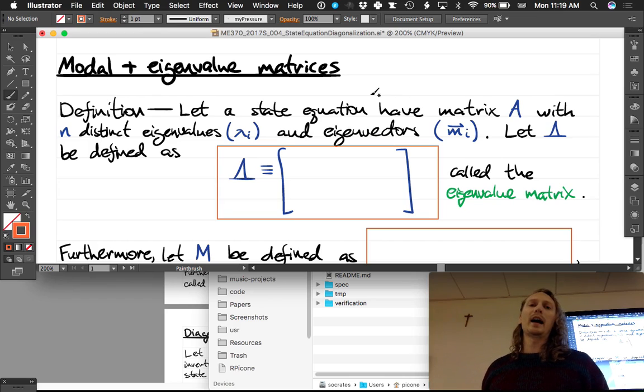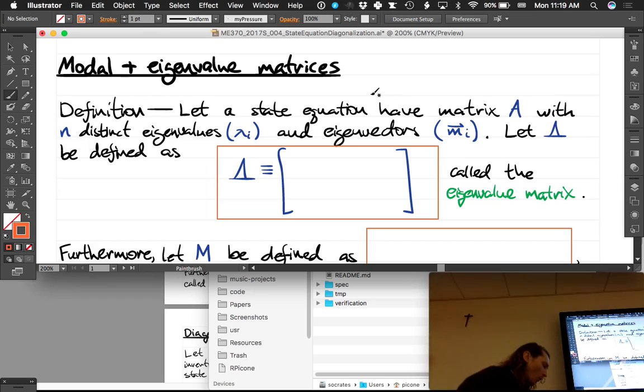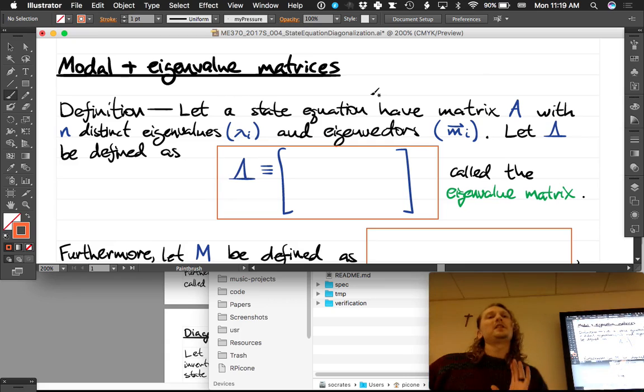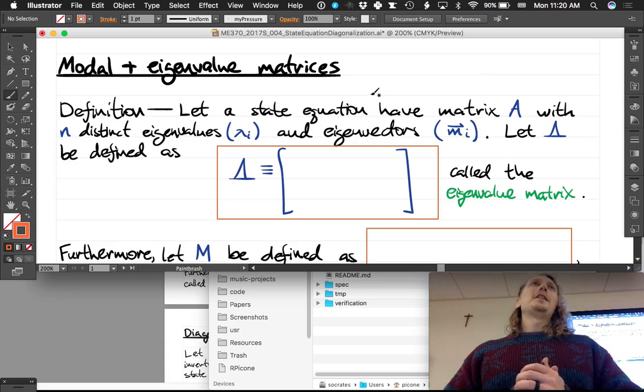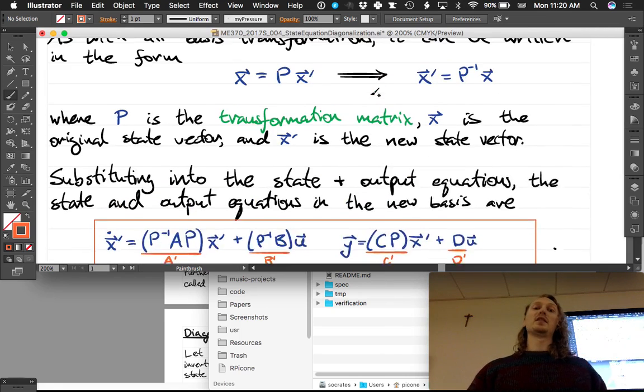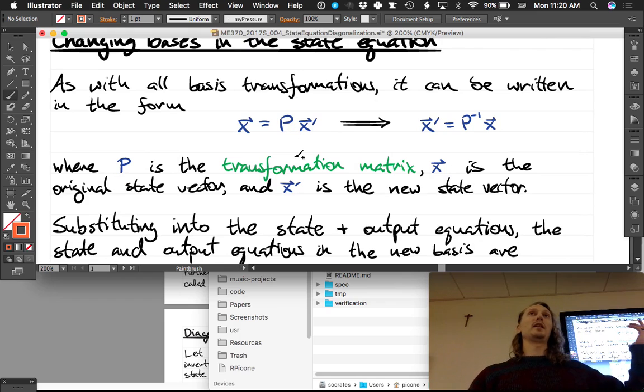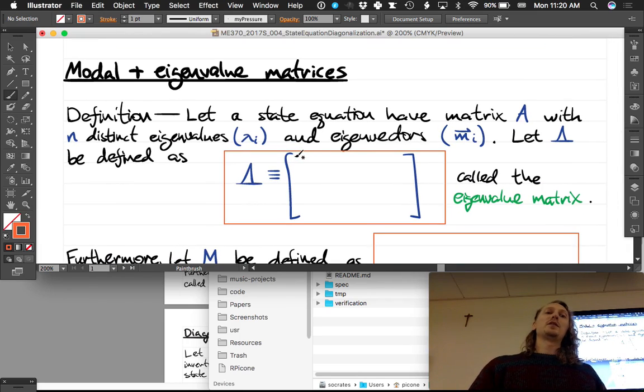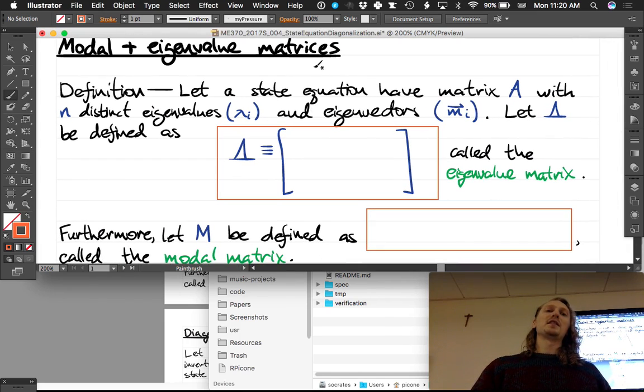So modal and eigenvalue matrices. Guess what? We're going to use the eigenvector problem to construct our transformation matrix. Okay, so I just said this is for any transformation P. Now we're going to define some matrices that are going to help us choose a very specific P that we want.